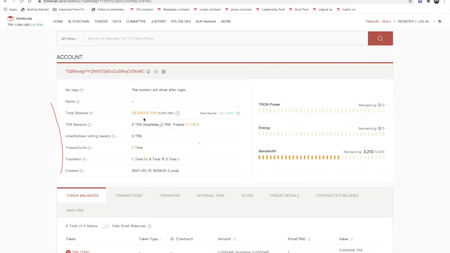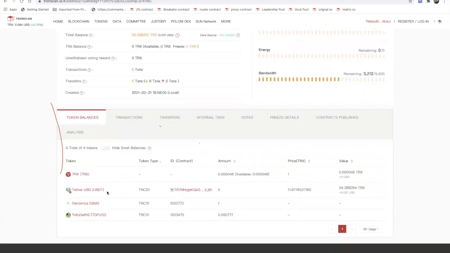Make sense? They think they have Tron. If you look here, they have Tether, the equivalent of 59 Tron. So this member thinks they have Tron because in their TronLink wallet it shows 59 TRX, but they don't have 59 TRX. They have 0 TRX.